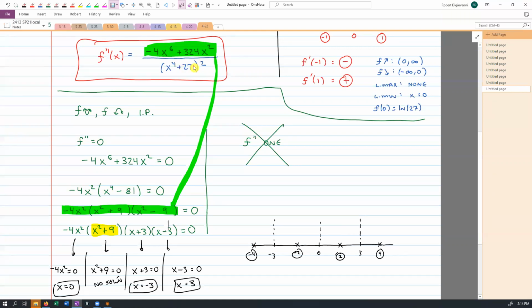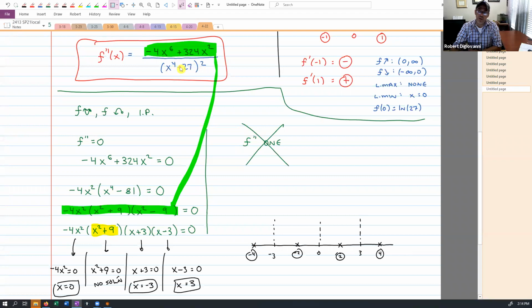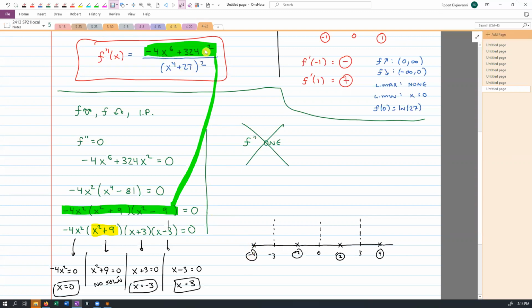Okay, and then what can you tell me about the denominator? No matter what I plug in, it's always positive. All we care about is the numerator, just the numerator. So let's plug negative 4 into this. So what would happen if I go negative 4 right here?